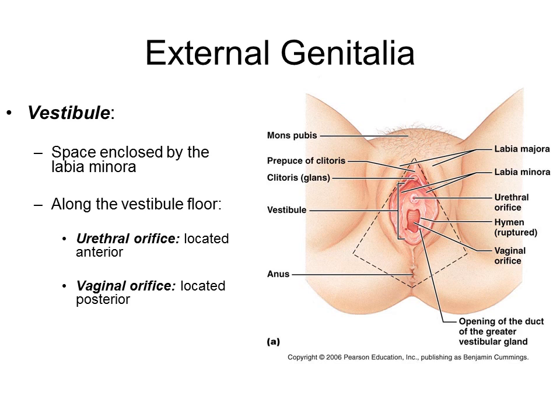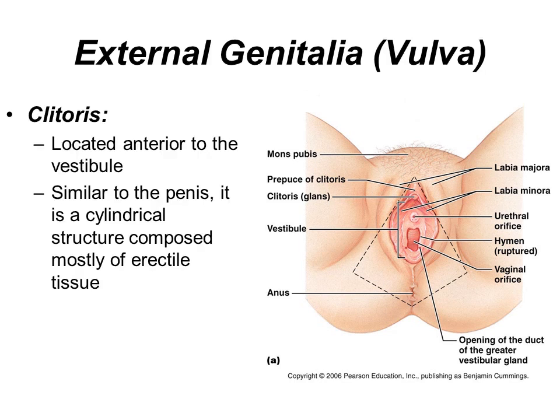The vestibule area contains both the urethral orifice. Remember, this is the urethra opening coming from the urinary bladder, and behind that is the vaginal orifice. The clitoris is going to be anterior or in front of the vestibule. This is the female equivalent of the penis because it is composed of erectile tissue.